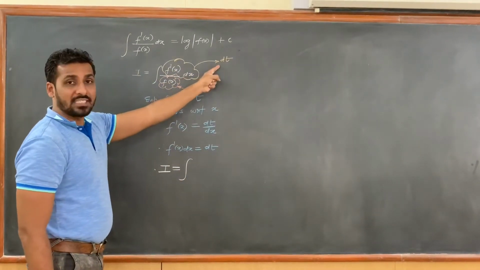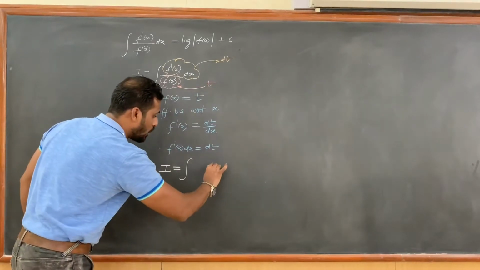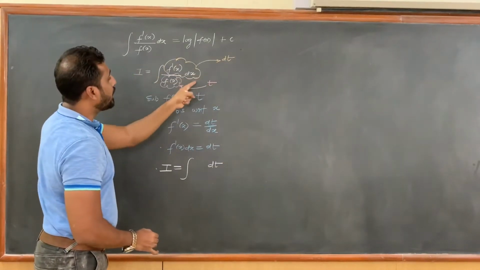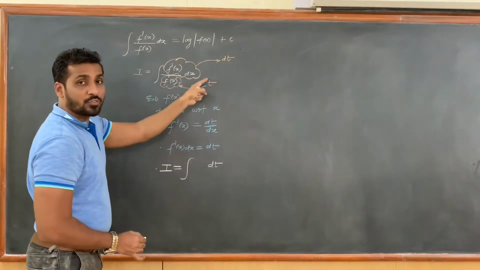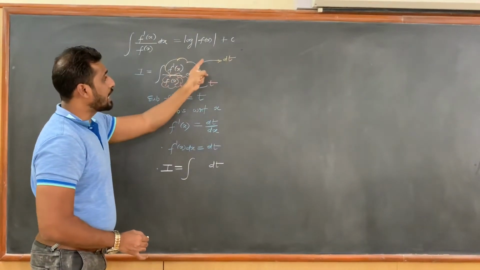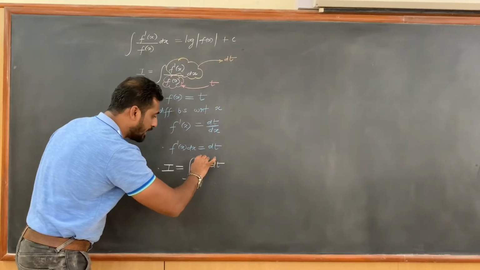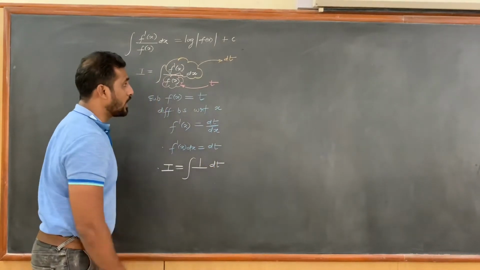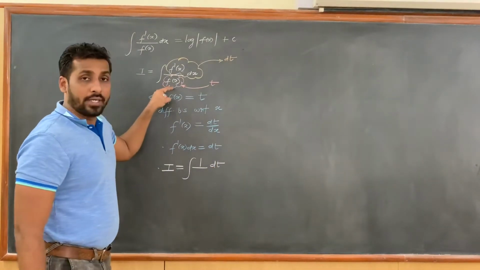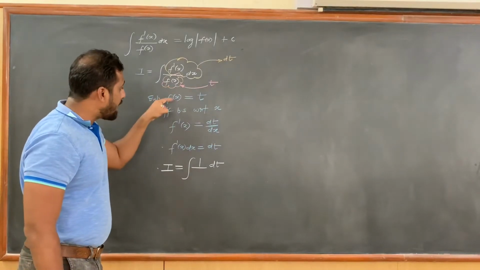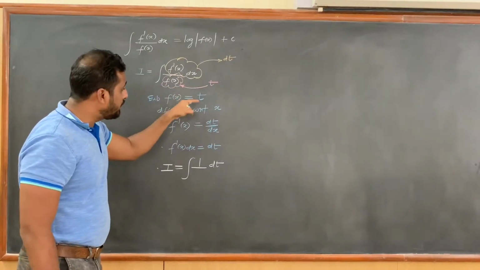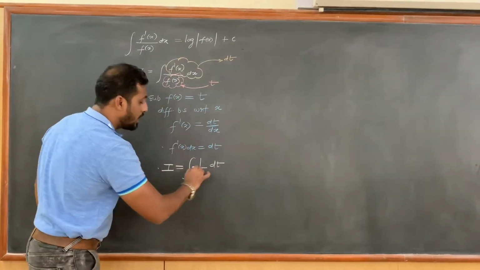What is f1 of x dx taken as? dt. So I write dt here. So the numerator has been completely vanished from here now. f1 of x dx has become dt. So there is no numerator now. So whenever no one is present, there is always 1. So I have written 1. And in the denominator, there is f of x. And we know that f of x has been substituted as what? t. So 1 upon t.